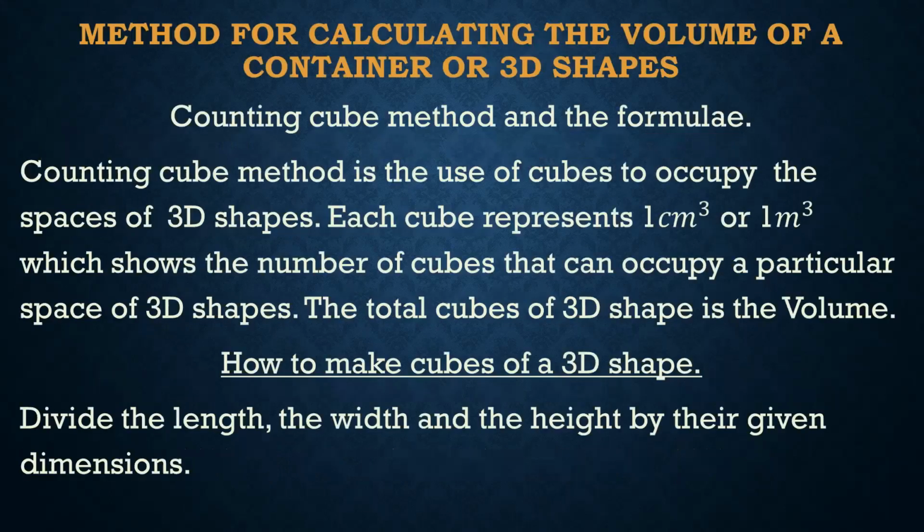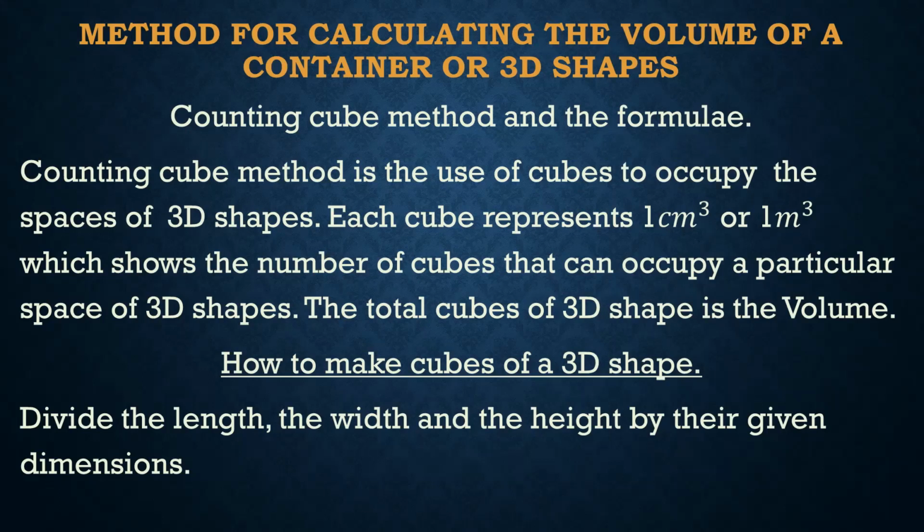Methods for calculating the volume of a container or 3D shapes. We have two methods that we can use to calculate the volume of a container or 3D shapes. The first one is the counting cubes method, and then the formula.